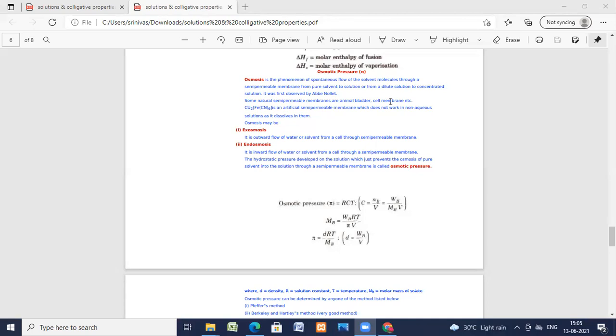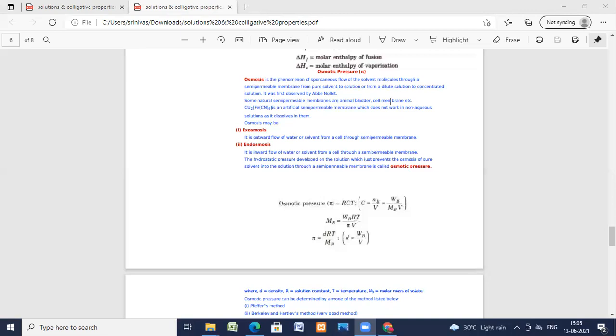Exosmosis is the outward flow of water or solvent from a cell through a semi-permeable membrane, from low concentration to high concentration. Endosmosis is the inward flow of water or solvent into a cell through a semi-permeable membrane.